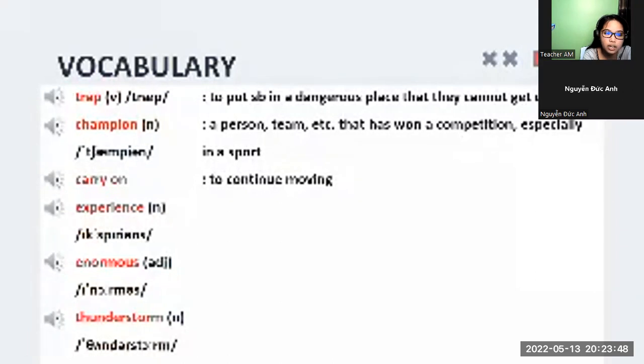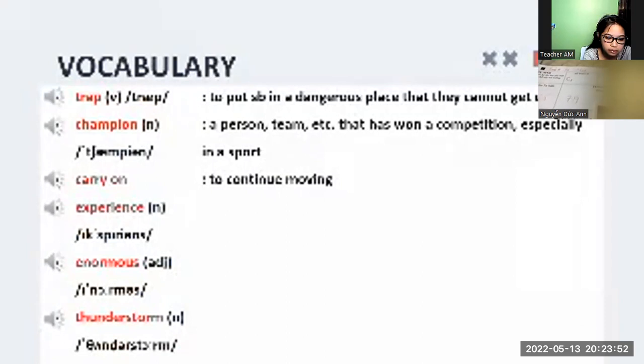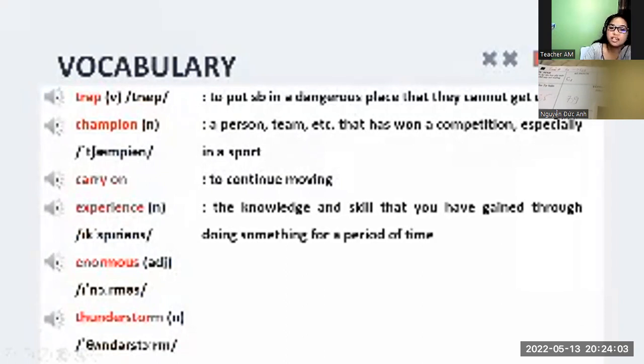It is something which somebody has been told. Okay, that is correct. Very good. Or it is the knowledge and skill that you have gained through doing something for a period of time, and you tell it to somebody or you share it with somebody, your own experience. Very good.